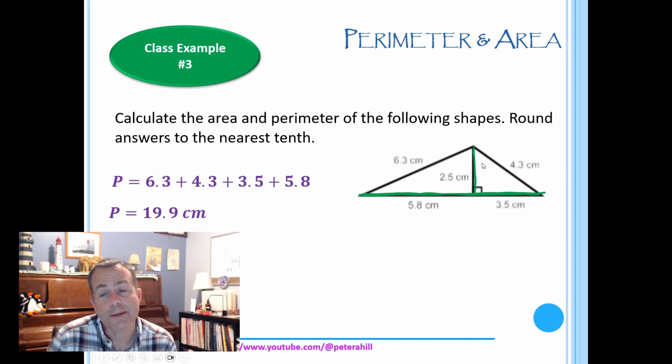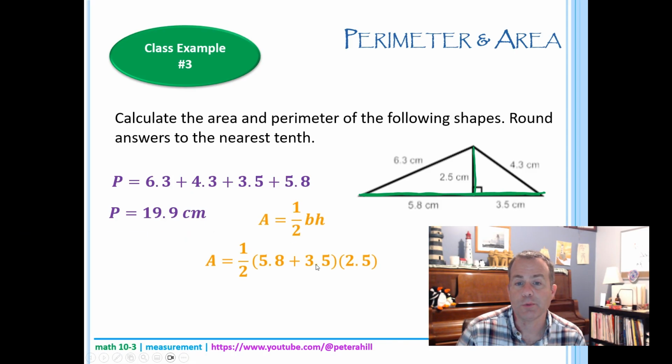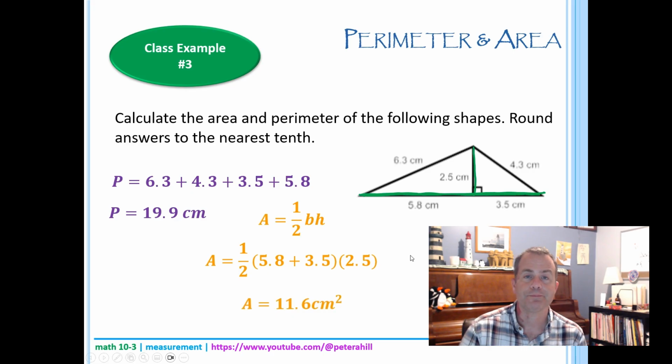And then we're going to times that by the 2.5 of the height. Then we divide by 2. So 1/2 base times height. So that'll be 1/2, and then I've got that 5.8 plus 3.5, that's the full base, and then a height of 2.5. Throw all that in my calculator, and I'm going to get, rounded to one decimal, because that's the nearest tenth, 11.6. My units, centimeters squared.